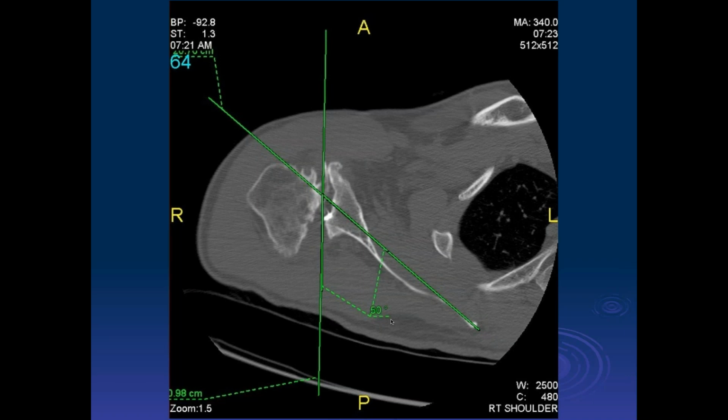What I was going to say is there's only 20% contact between the head and the glenoid for a normal shoulder. So it's like you say, it's a T. Some people say it's like a ball on the nose of a seal.